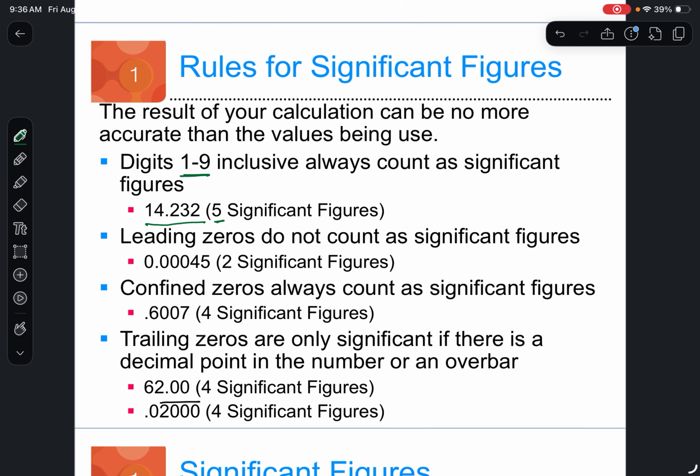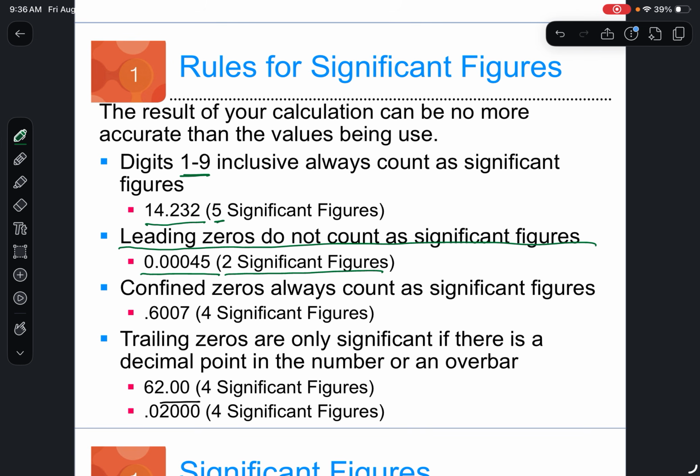Another rule is leading zeros do not count as significant. Leading zeros are any zeros in front of the numbers 1 through 9 inclusive. So here we have 0.0045. Those zeros in front of the 4 are considered leading zeros. Hence, we only have 2 significant figures.